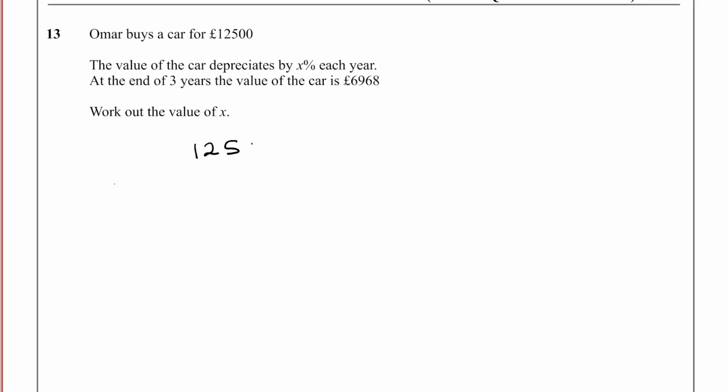So we start with 12,500. We times it by something 3 times, and we end up with the car being worth £6,968. So let's work out what this multiplier is, and then from that we'll be able to see what the percentage we're reducing it by each year is.